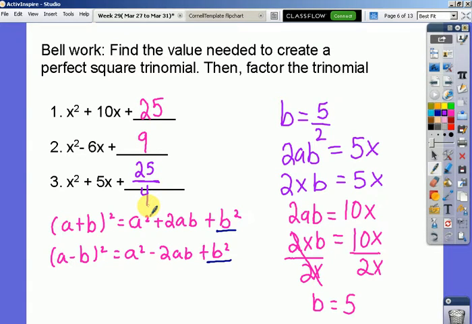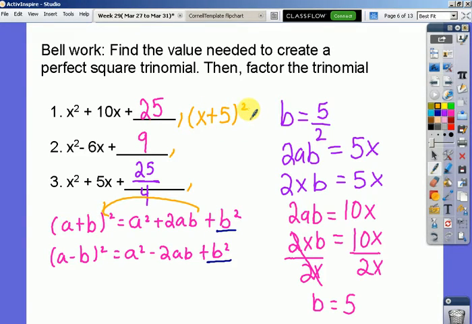Okay. Now the next part of this question says to factor it. So what is this factor to be? The first one. Well, something that meets this form factors to be that. Yeah? So what does that first one factor to be? Yeah, x plus 5 to the second power, x plus 5 quantity squared.